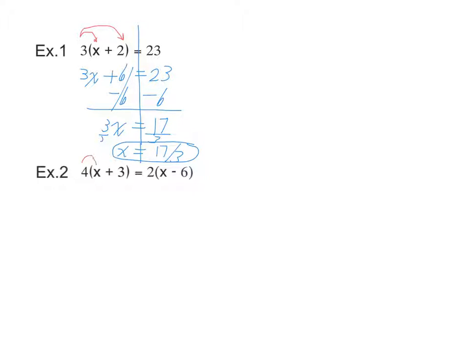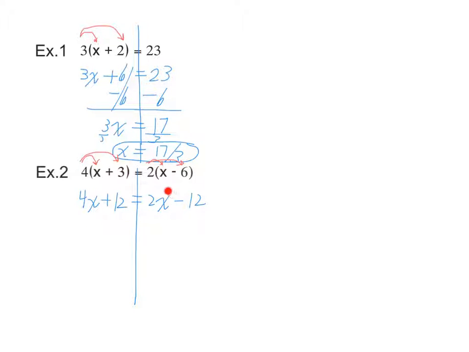In the next example, we have distributing in both the left side and the right side. I'll distribute the 4 on the left and the 2 on the right. Now we have an x on both sides.